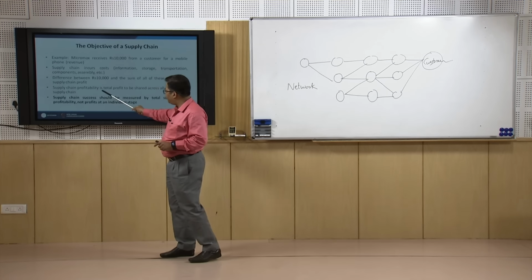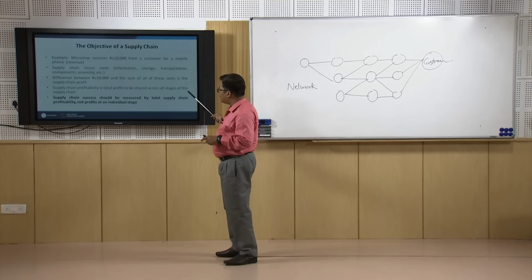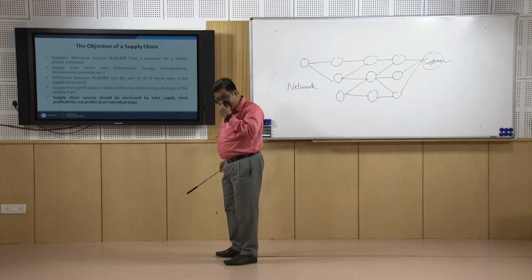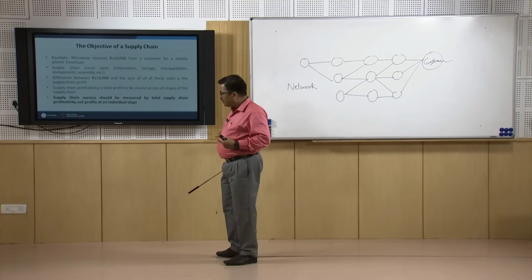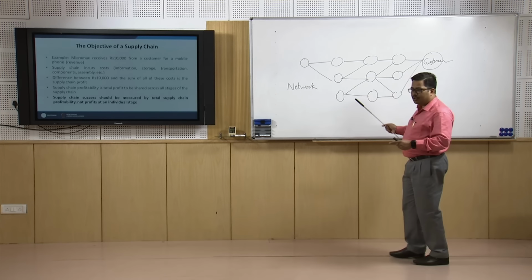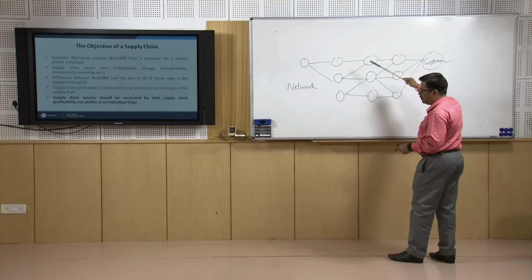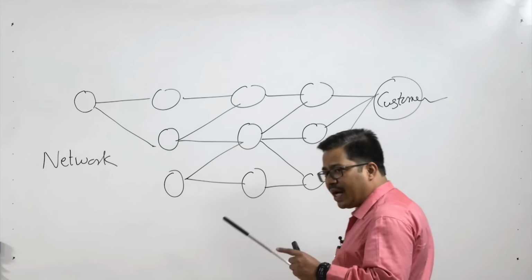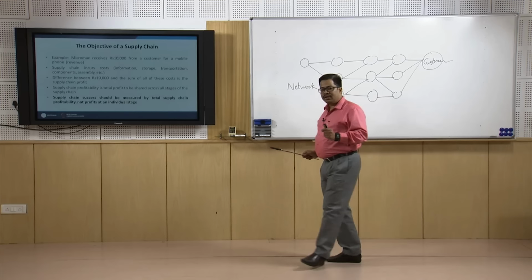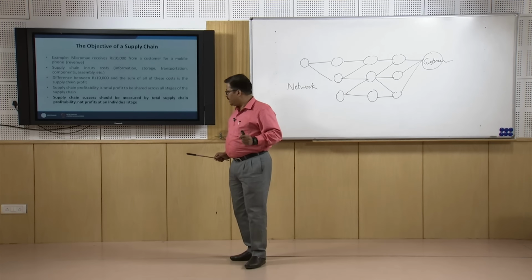Supply chain profitability is the total profit to be shared across all stages of the supply chain. When we talk of supply chain, we are talking of total profit shared among all the supply chain partners and stages, not the profit of an individual stage or member.